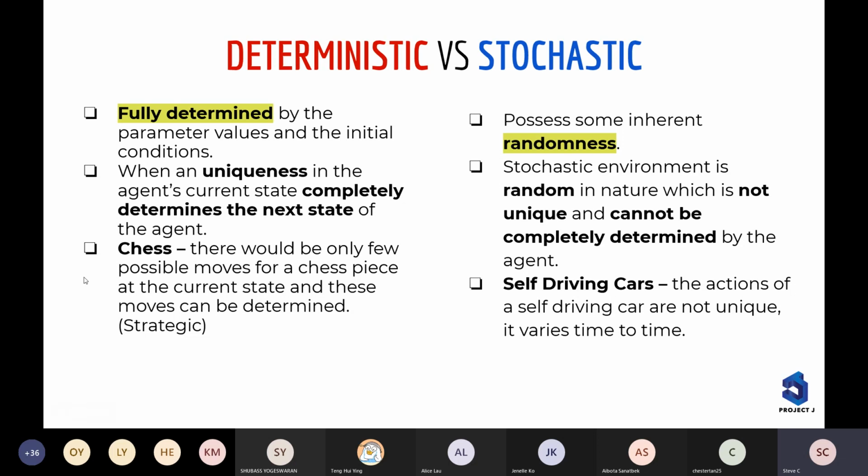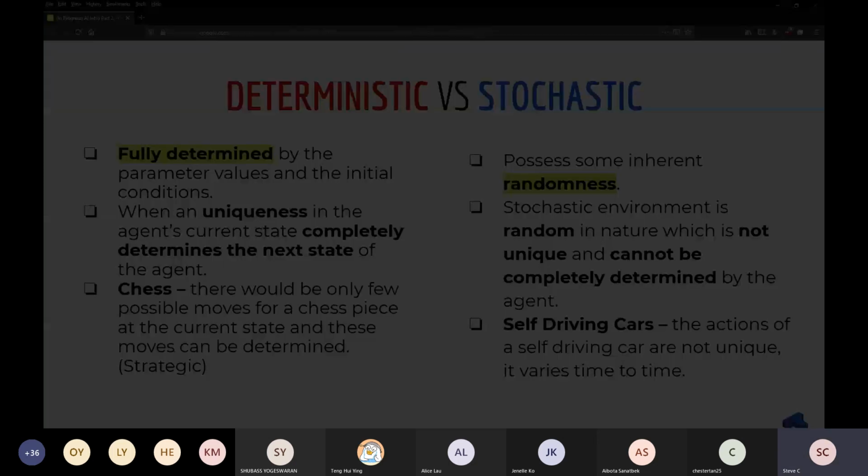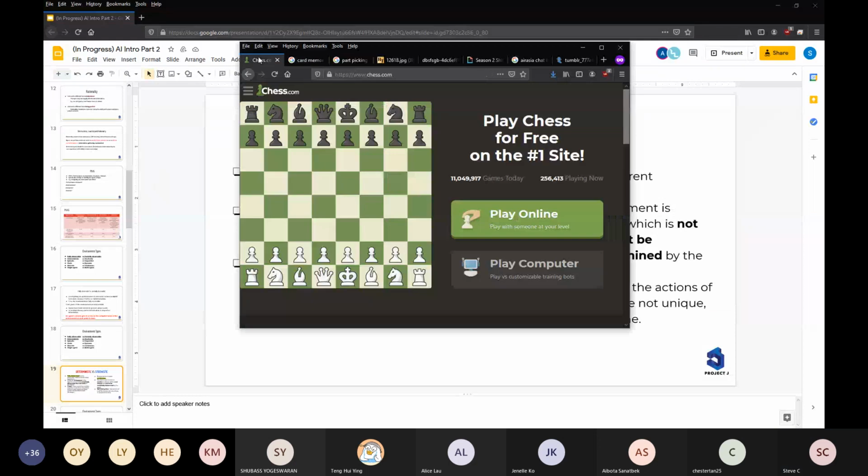An example of this would be, again, chess. There would be only a few possible moves for a chess piece at the current state, and these moves can be determined strategically. If you don't understand what that means, okay, let's go back to the chessboard.